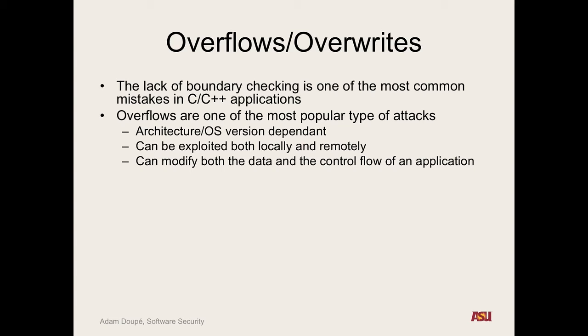Our goal as an attacker is to modify the control of the application to get it to execute whatever code we want. A newer type of these attacks is that we can also change the data of the program. If the program has a bit that says whether we're an authorized user or not, and that's at 0, and we're able to overflow some buffer to change that to 1, now we're an authorized user.